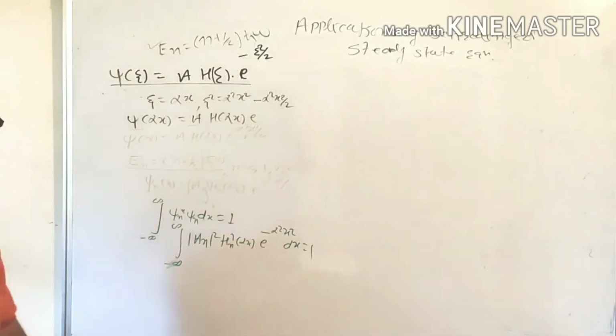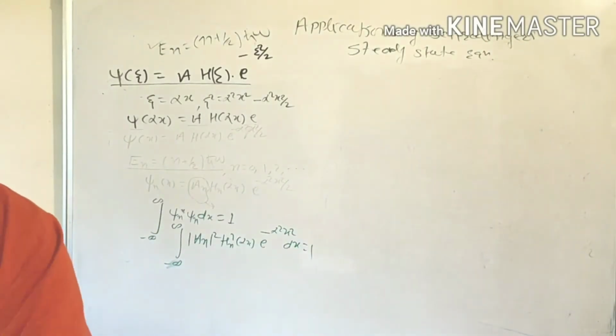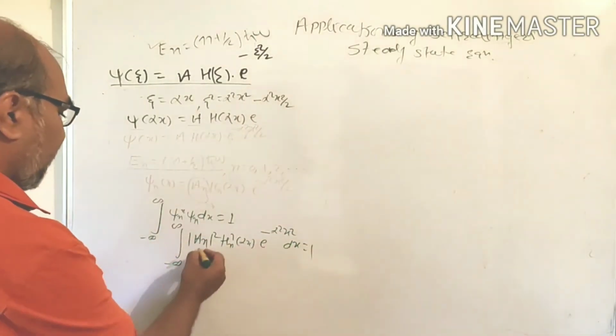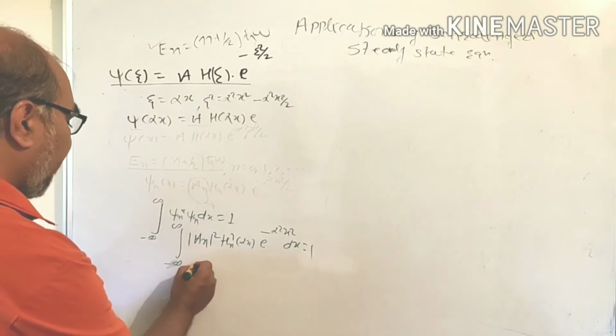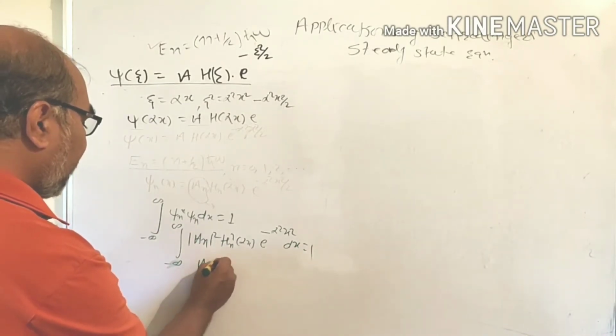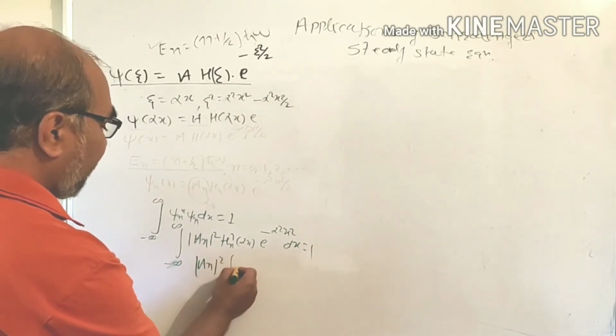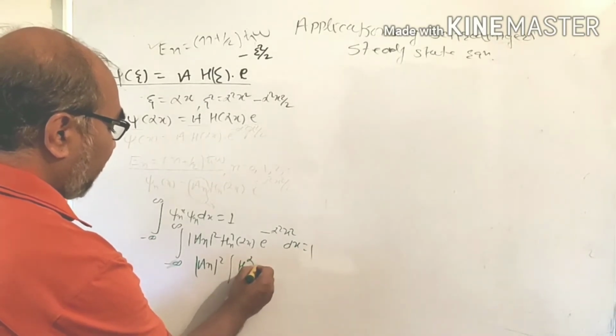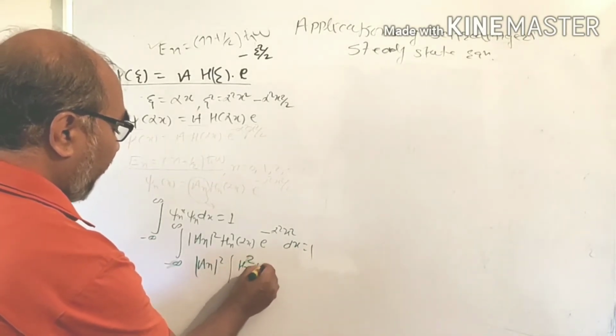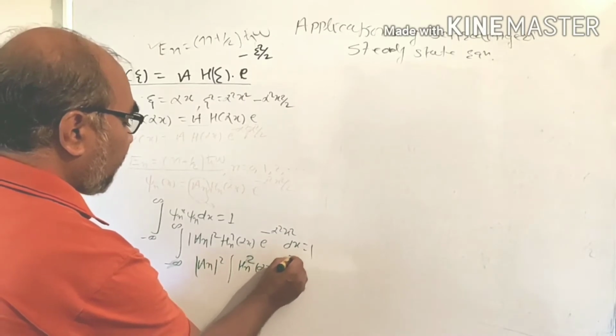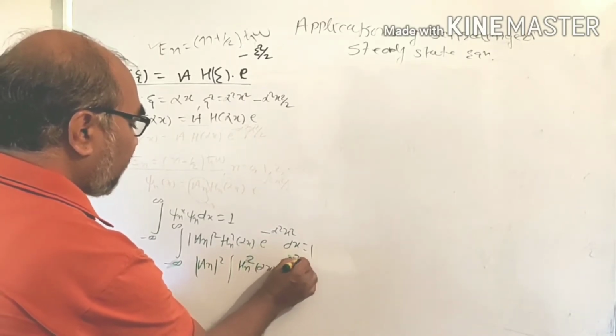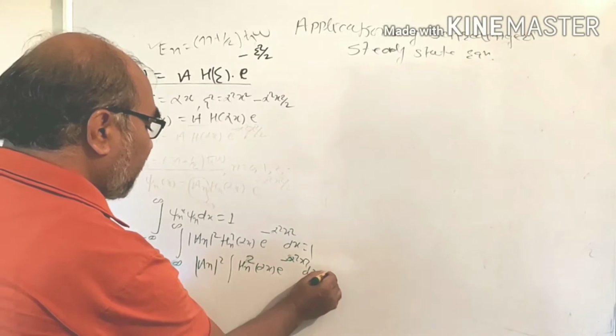Therefore, taking An outside, mod of An square times the integration of Hn square of alpha x e raised to minus alpha square x square dx from minus infinity to plus infinity is equal to 1.